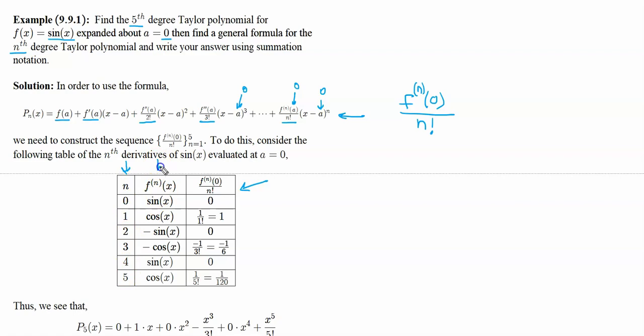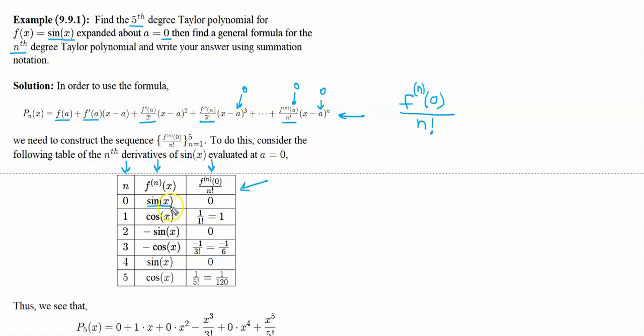The second column is the nth derivative of the sine function. And then in the third column, we take the nth derivative, evaluate it at a, which is 0 in this case, and divide by n factorial to get these numbers. And then we try to identify a pattern for these coefficients that go along with the (x minus a) terms.